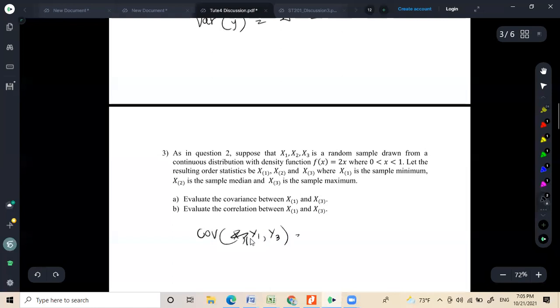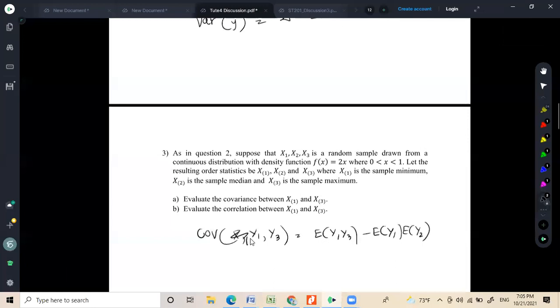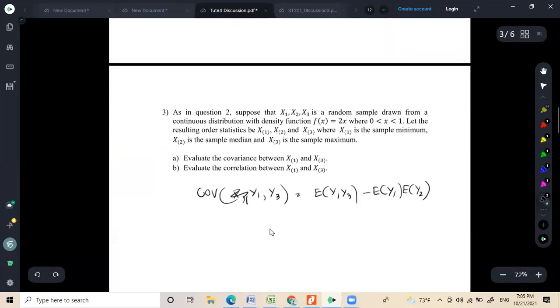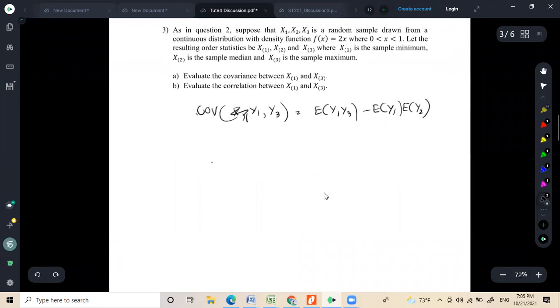So that will be y1, y3. And the correlation, you have to divide covariance by the standard deviation. You know the equation to this one. You can easily find it. So I'm not going to do these, they are simple calculations.